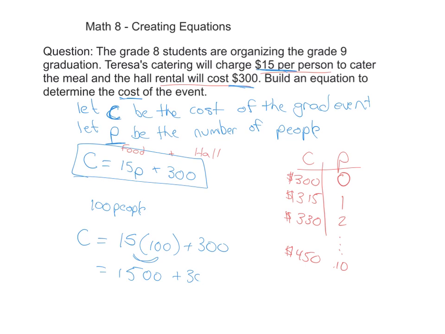Add 300 to it, and you can see this is going to cost me $1,800 to run the event. So this equation can be really helpful to determine how much things are going to cost.